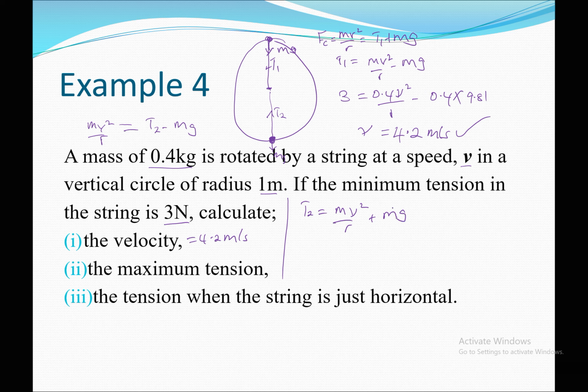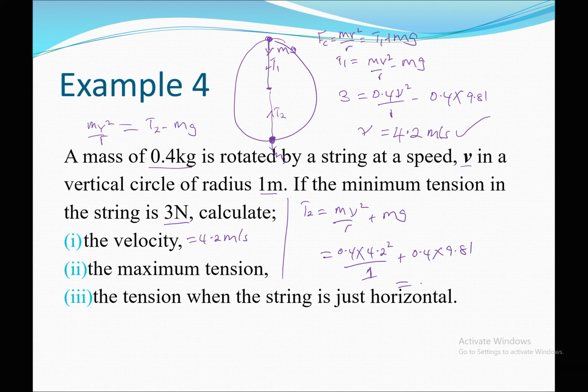So I'll just sum up this. So this will be mv squared, which is 0.4 times 4.2 squared divided by r, which is 1, then plus 0.4 times 9.81.